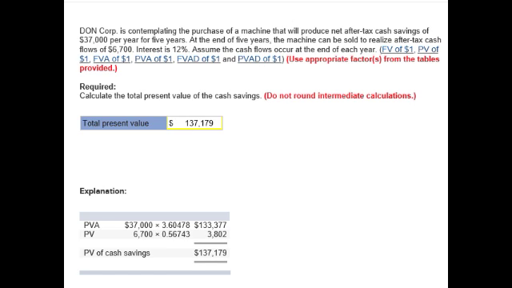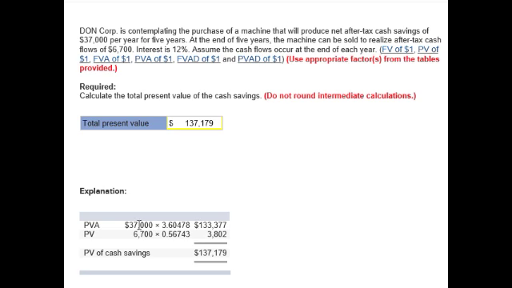Go find 12% and the row should be number 5. Then you should find this 3.60478 rate. The way we use the table is to multiply that rate by the annuity amount. If you do that, you will get the present value of all the cash flows.